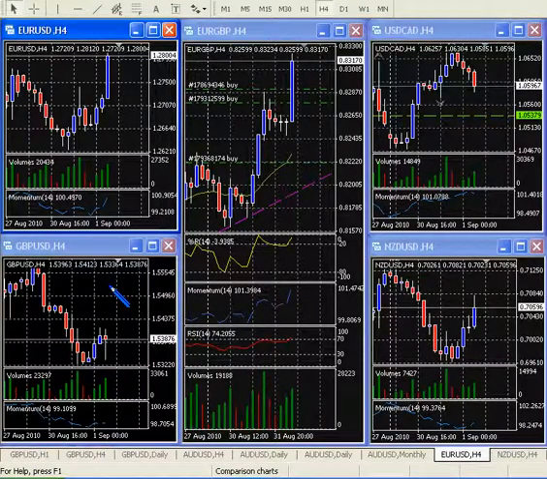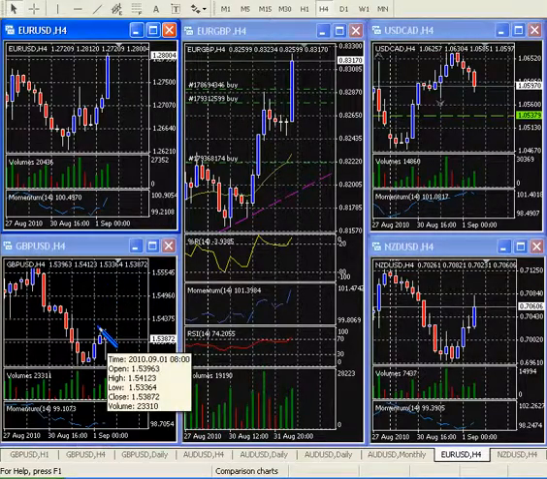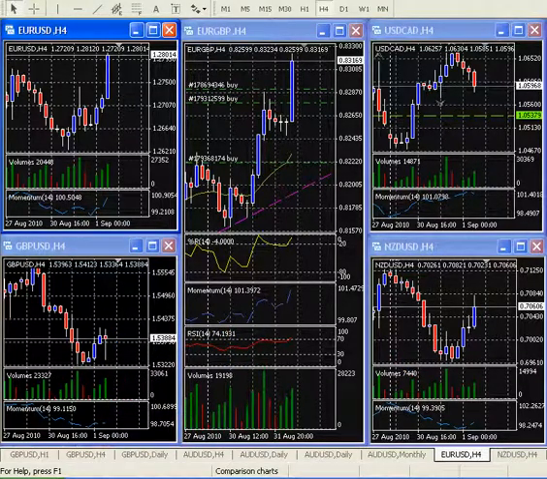Looking at it now, since the euro has accelerated higher and the pound is basically just sitting there at 1.5387 right now, with a high of 1.5412 coming from a low of 1.5336.